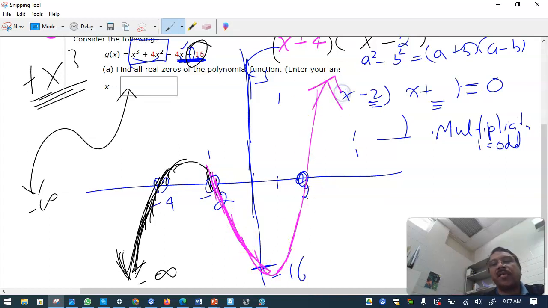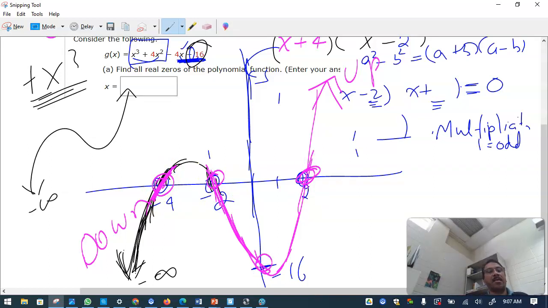So this is the sketch of the graph. The main thing is it is down and up. It has to go through this. See, it crosses. It crosses. Because it has a multiplicity of 1, it looks like this way, and this way, and this way. And that's it. I hope that helps.